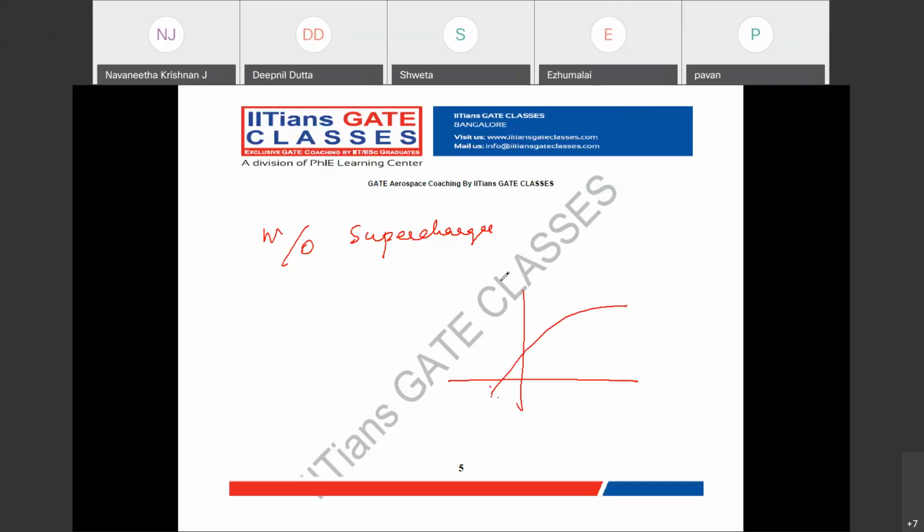At what speed what is the better efficiency, it can manage that if you are using a variable pitch propeller. Otherwise, you will have only a particular speed at which your efficiency is maximum. Beyond or lower than that speed, you cannot maintain the efficiency.